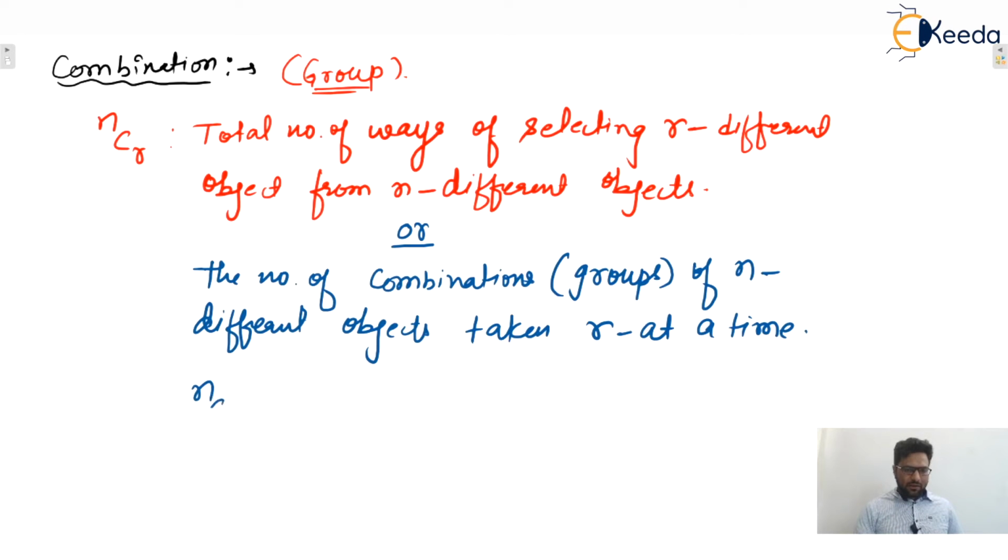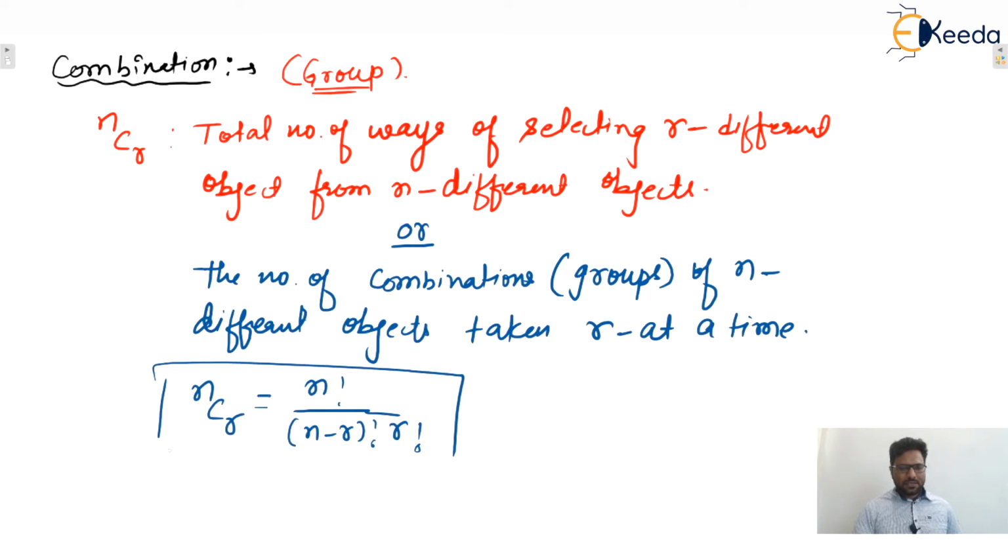And you know very well the formula for NCR is n factorial divided by n minus r factorial into r factorial. NCR means the total number of combinations or ways possible of selecting r objects out of n objects, where n and r are different objects, isn't it?